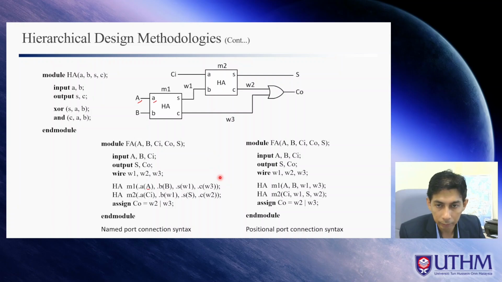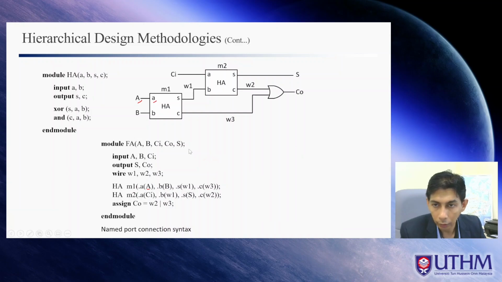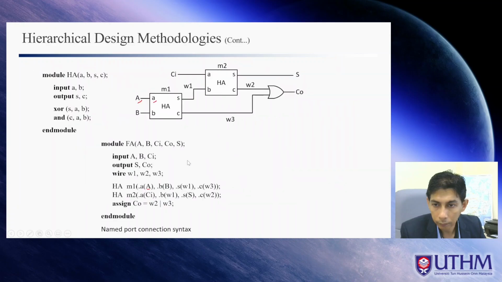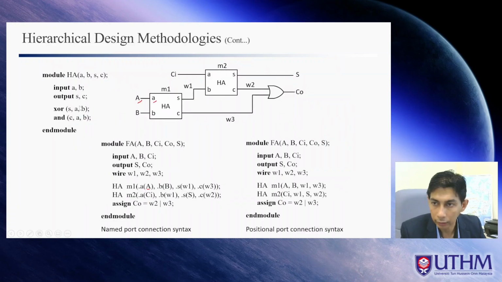So in our case here, A is the first one, followed by B, then C. So here, A is the first one, followed by B, so we need to connect to B. As here, need to connect to W1, so we have W1. And C needs to connect to W3, so we have W3.